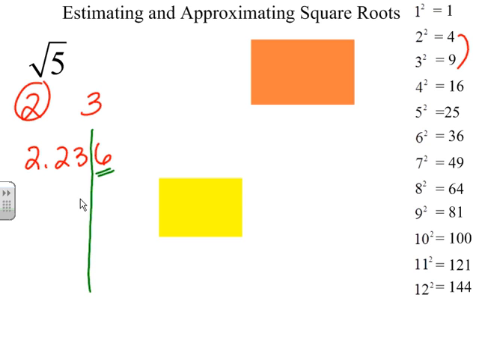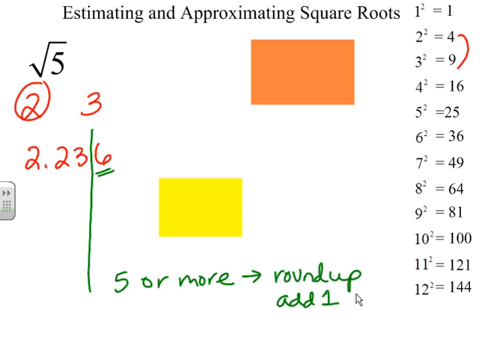If this number is 5 or more, we're going to round up. In other words, we're going to add 1 to the hundredths. If it's 4 or less, we're going to leave it alone.